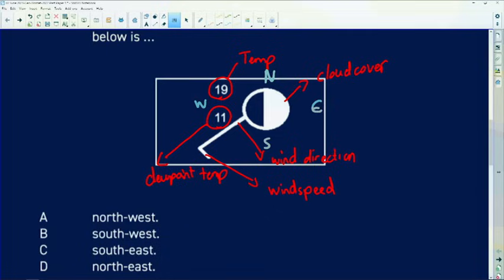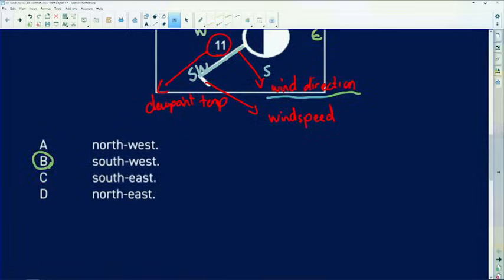Now, this extension over here, like I've mentioned, represents the wind direction. So what will be the correct answer? It will be southwest. So the wind direction will be southwest. So our correct answer over there will be B.